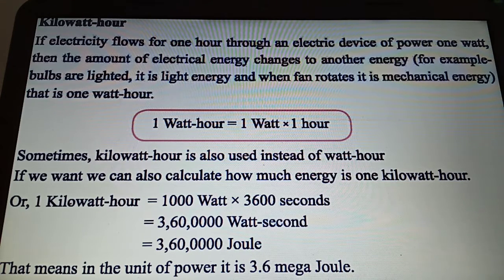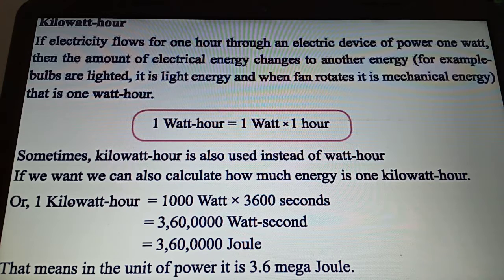For example, bulbs are lighted, it is light energy, and when a fan rotates, it is mechanical energy, that is 1 watt hour. Therefore 1 watt hour is equal to 1 watt into 1 hour. Sometimes kilowatt hour is also used instead of watt hour.